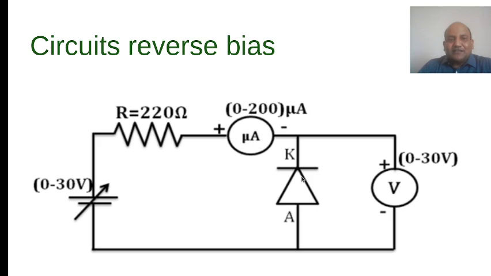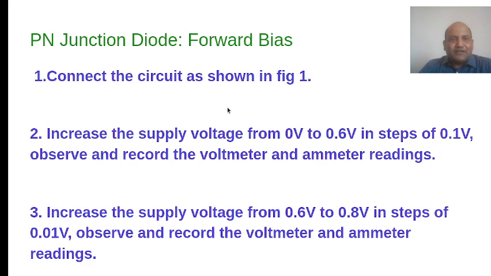Second is the PN junction diode forward characteristic. How do you connect it? These are the procedure. First you connect the circuit as we have given in these two figures.